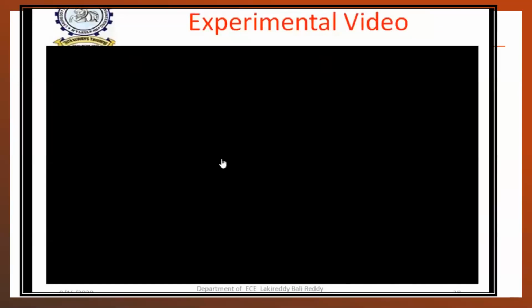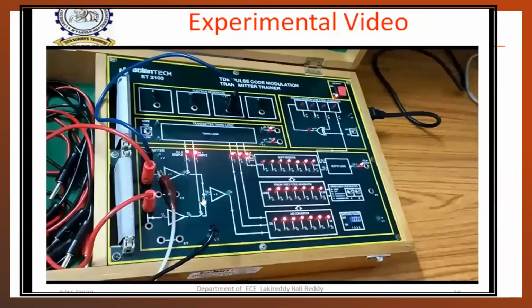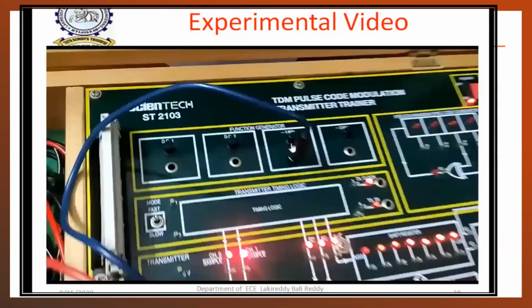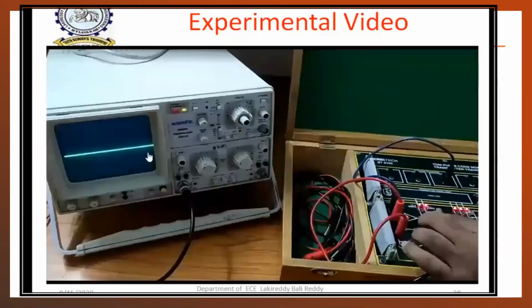Then, if you observe the PCM output finally, here there is a different procedure we are going to use to observe the PCM output. So all of you carefully observe this. Here we have to consider any one of the input signals. Let us take the 1 kHz sine wave, and that sine wave is connected to here. If you observe that in the CRO, that is the sine wave with some amplitude and frequency.